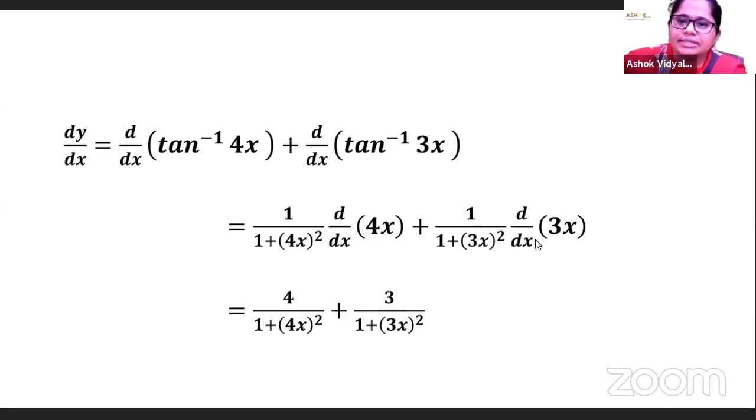Here again this is a function of function, hence differentiating 4x with respect to x gives 4, and the derivative of 3x with respect to x is 3. Hence, dy by dx is 4 upon 1 plus 4x square plus 3 upon 1 plus 3x square. This is our solution of the given expression.